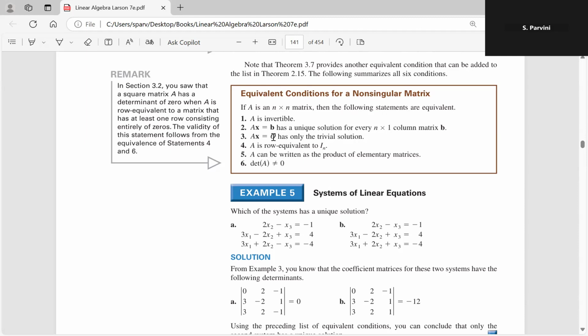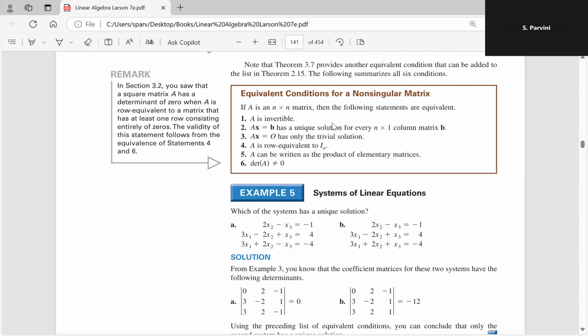What that means is this: the only way the system can be 0 is if x1 is 0, x2 is 0, x3 is 0, and so on. And this is interesting: if you do Gauss-Jordan on A, row equivalent meaning Gauss-Jordan pretty much, that matrix A is going to look like an identity matrix, I, the identity matrix of order n.